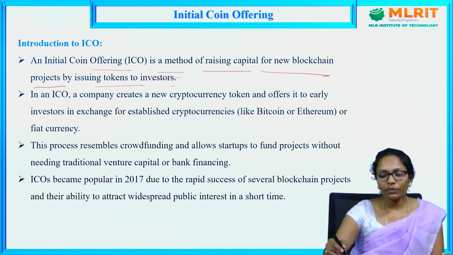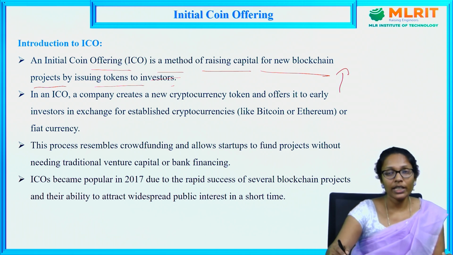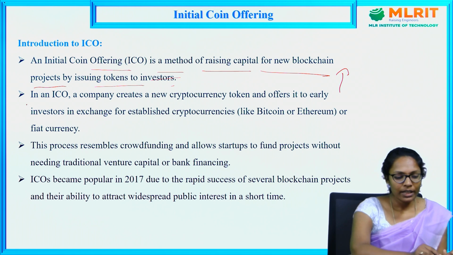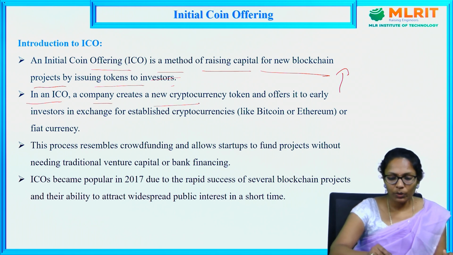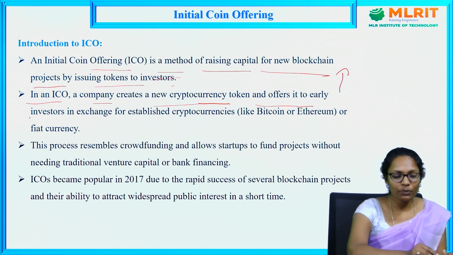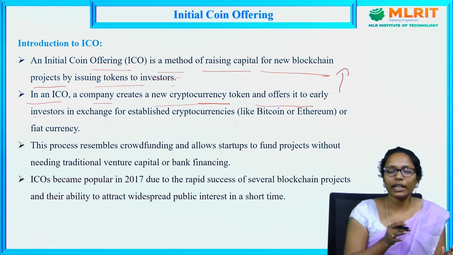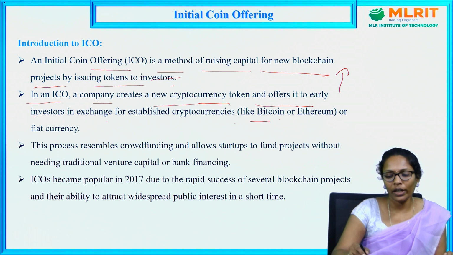If the investors are investing money, in place of that investment, we are giving some tokens. A token is nothing but a digital asset. So in an ICO, a company creates a new cryptocurrency token and offers it to early investors in exchange for established cryptocurrencies or fiat currency, like Bitcoin or Ethereum.